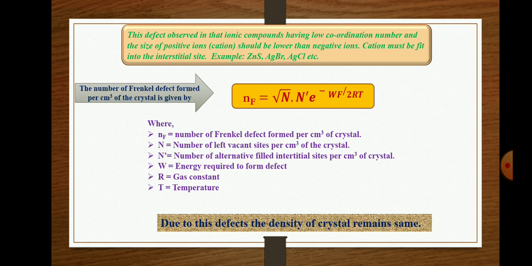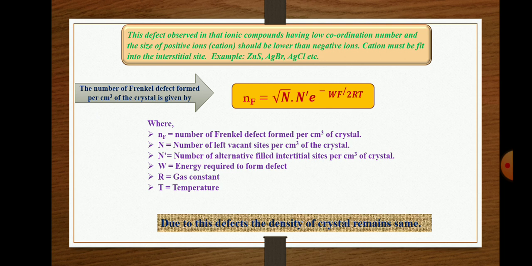And now very important students, due to these defects the density of the crystal remains the same. If you just understand the Frenkel defect, the one ion, it may be cation or anion, is misplaced from its lattice points but is present in the interstitial site of the crystal lattice.